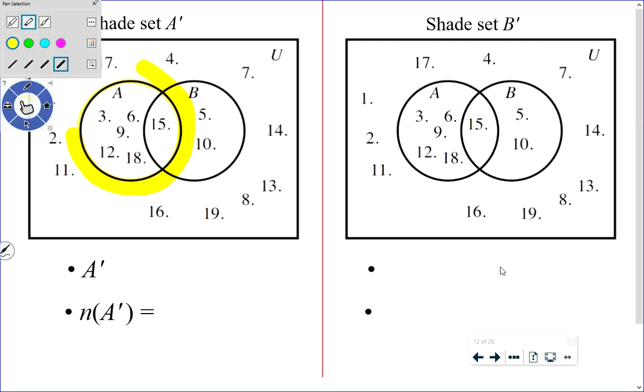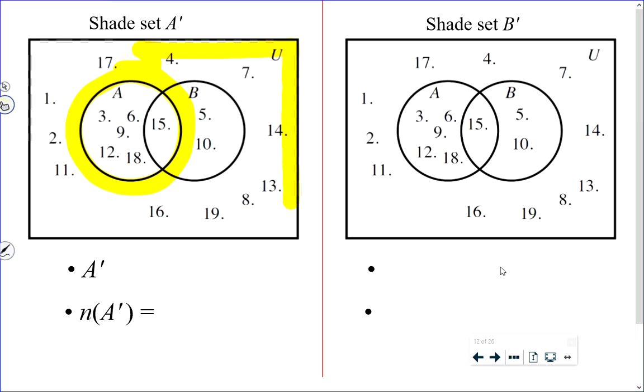If it's in the circle and it becomes A, then anything that's not A will not be in the circle. So this is what we would shade. And again, you don't need a highlighter. Just take a pencil and shade it lightly. And we would write A prime, which means not A. You could write the words not A, but that's not what we're after here.